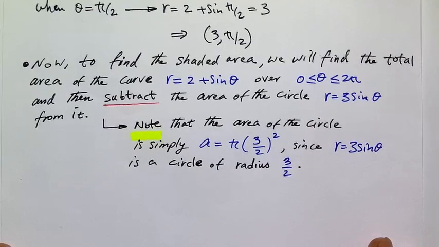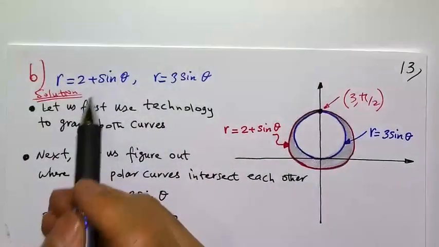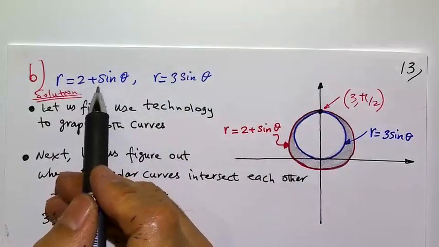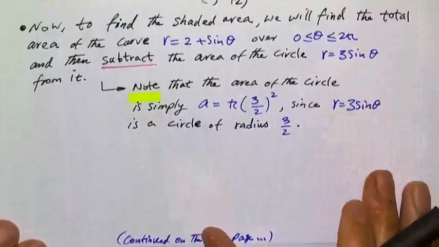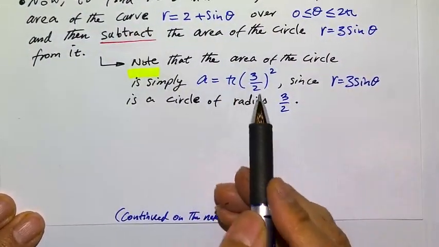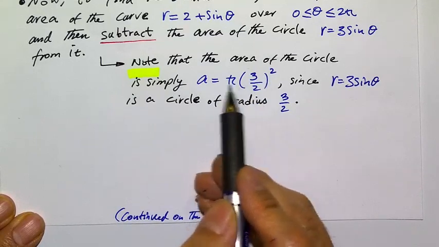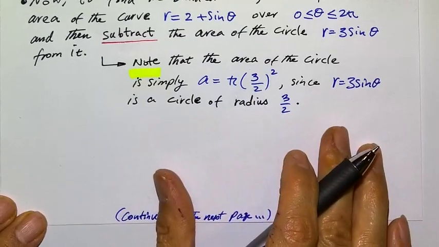All right. So now we can begin just integrating this curve from 0 to 2 pi. And then we're going to subtract that area from it, which is 9/4 times pi, right? 9 pi over 4. We're going to subtract that.